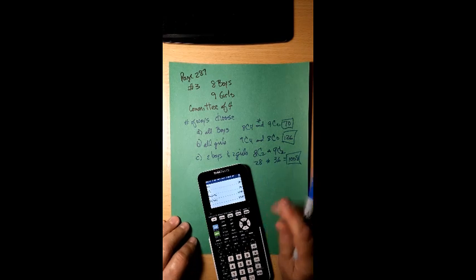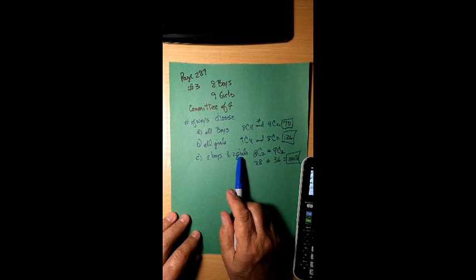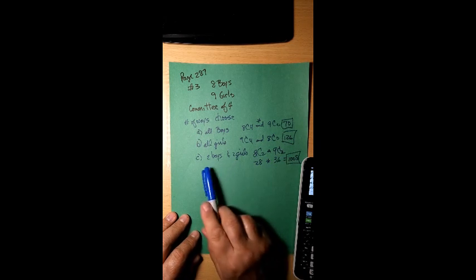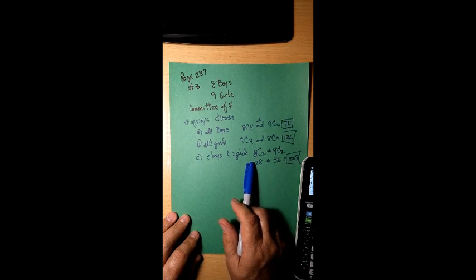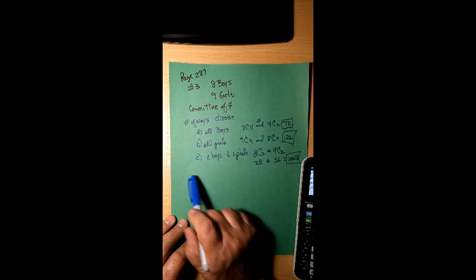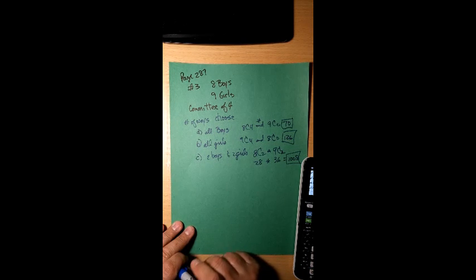So if you combine these things, you can do 1 boy and 3 girls, that would be 8 choose 1 and 9 choose 3, 3 boys and 1 girl. You can do all the combinations, the ways of choosing. If you don't care about order, these are committees. I call these committee problems.